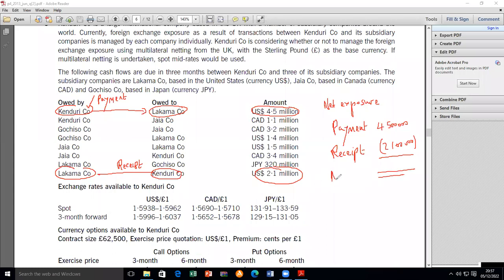So what is the net exposure? The net exposure is 2.4. Is that okay? 2.4.